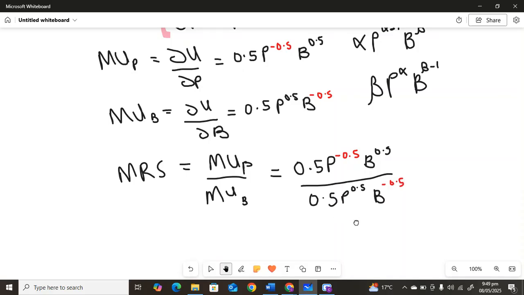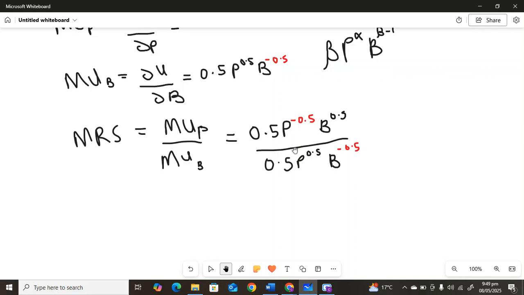Colleagues, can anyone simplify this one for us? Because in the exam, expect to see a numerical question.